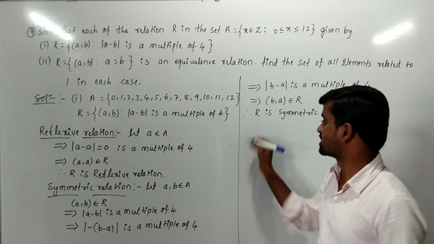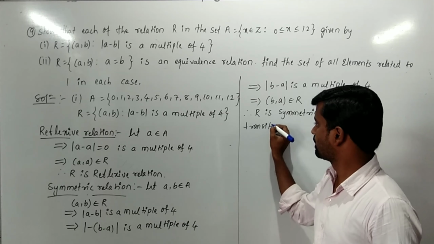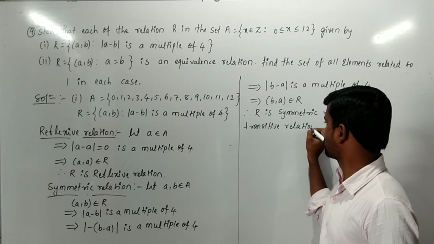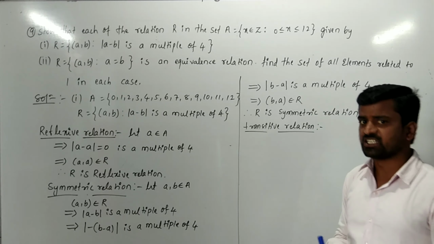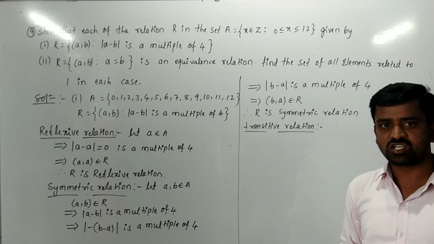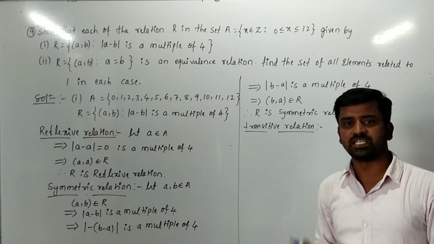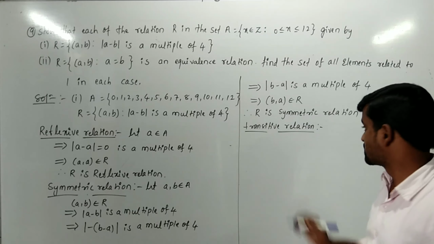Then last, transitive. Transitive relation: in a transitive relation, (a, b) belongs to R and (b, c) belongs to R implies (a, c) belongs to R is called a transitive relation. There are three elements.